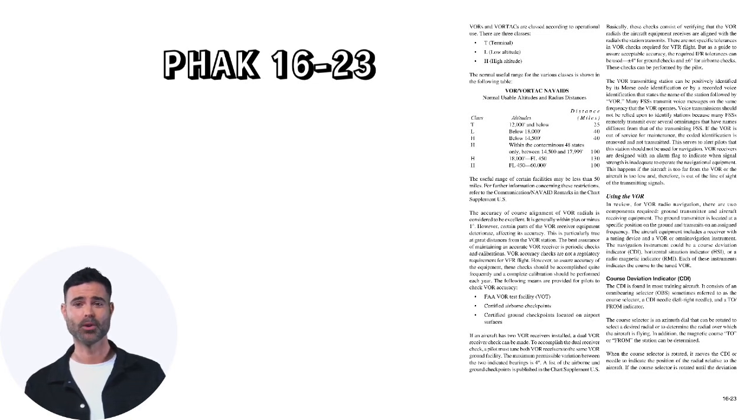Within the conterminous 48 states only, between 14,500 and 17,999 feet, 100 miles; 18,000 feet to FL 450, 130 miles; FL 450 to 60,000 feet, 100 miles. The useful range of certain facilities may be less than 50 miles. For further information concerning these restrictions, refer to the Communication NAVAID remarks in the Chart Supplement US.